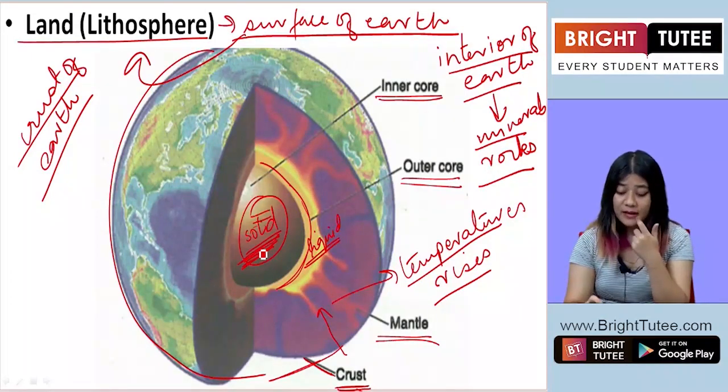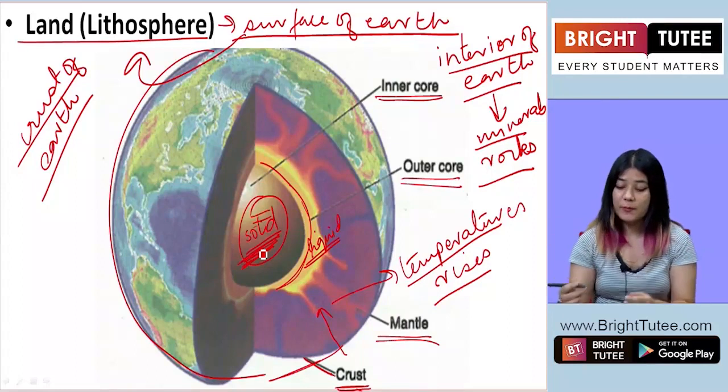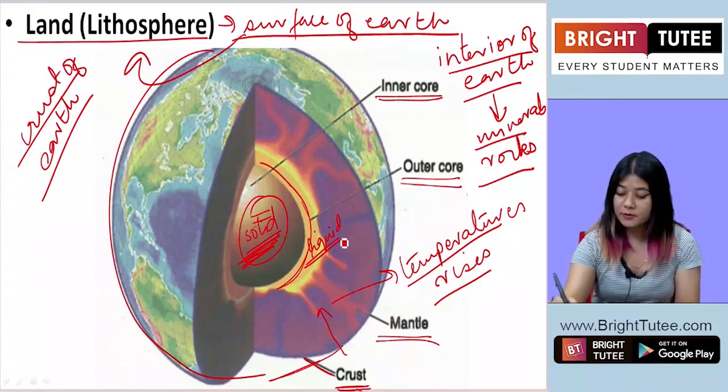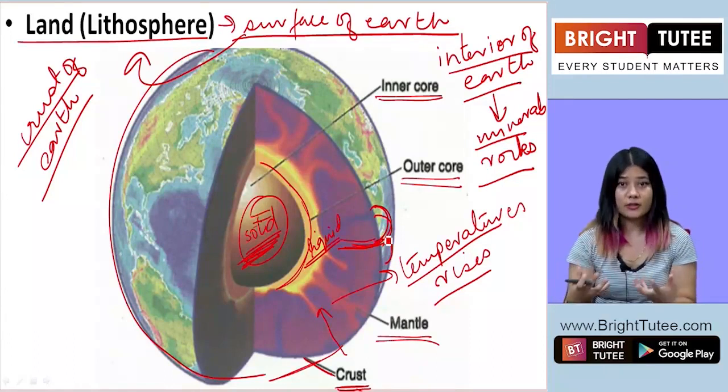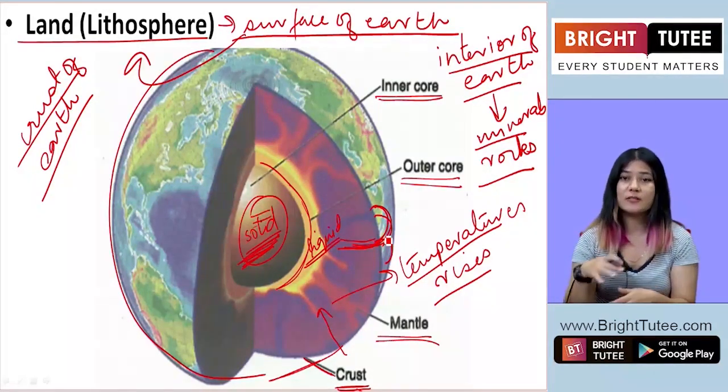That's why when there is a volcanic eruption and the interior particles of the Earth erupt outside, the particles which erupt outside are hot. They can melt stuff which they find along the way.